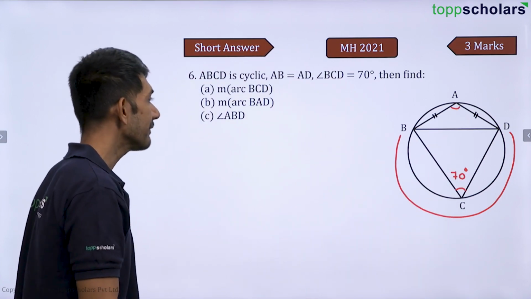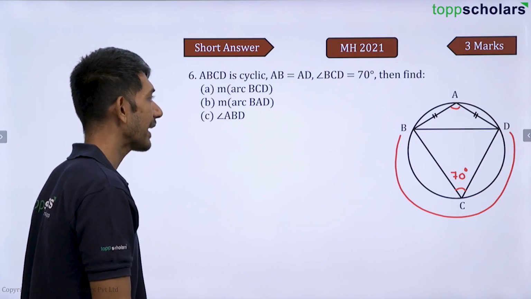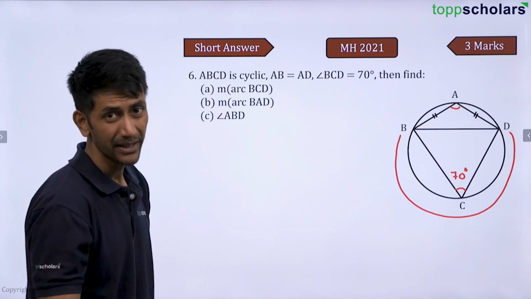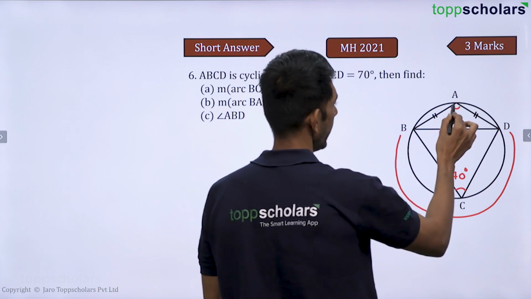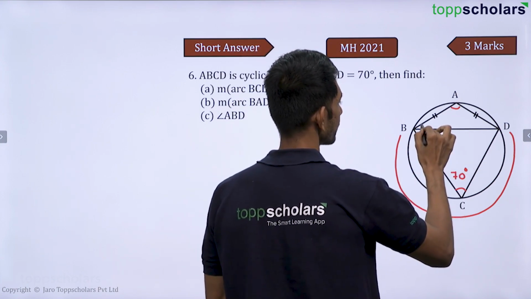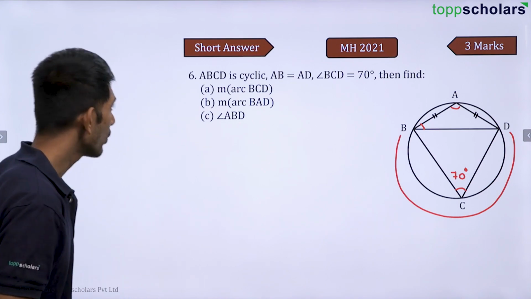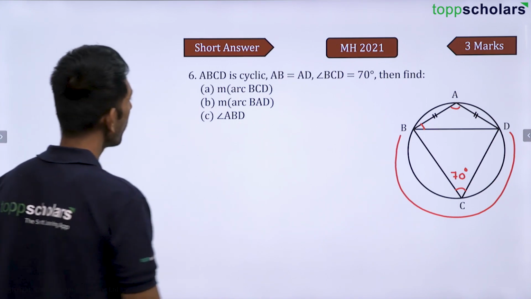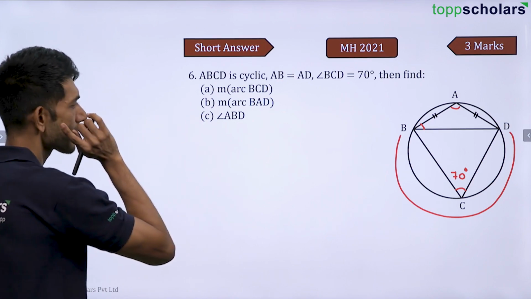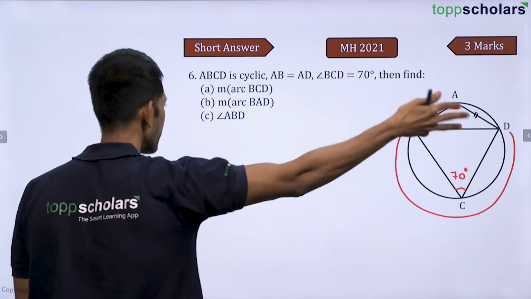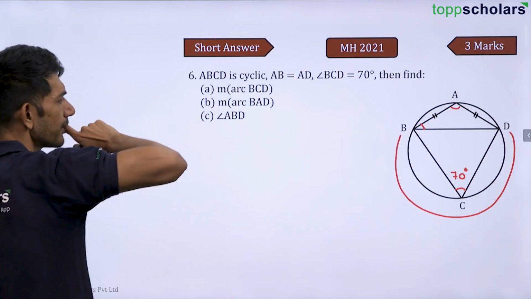And then we are supposed to find out the measure of angle ABD. Okay. First things first, let's take one thing at a time. Let's talk about the measure of arc BCD.